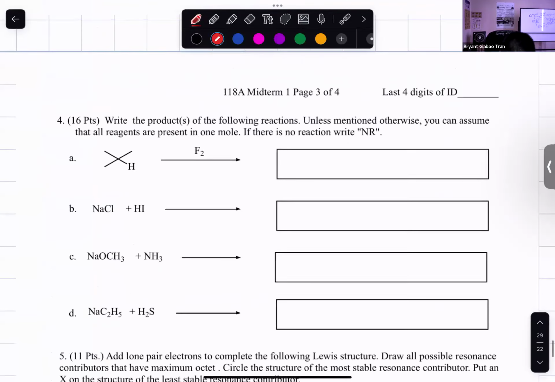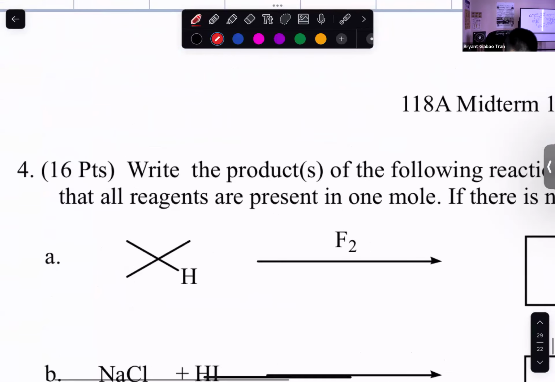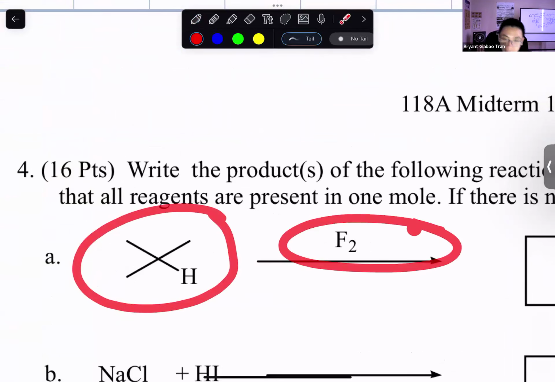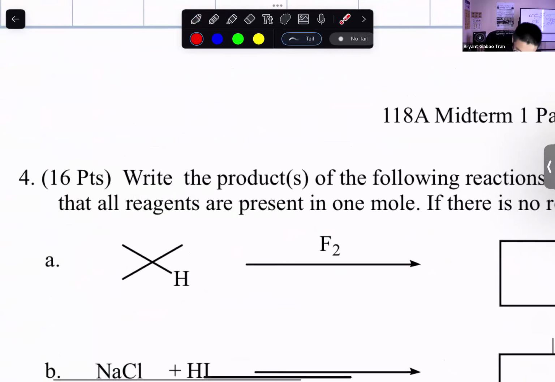Okay. So the first reaction here is free radical halogenation, where we have this alkane and we have F2. What type of carbon or what substrate does fluorine prefer to attack, to substitute with? One degree, one primary carbon, right? This is a tertiary carbon, so we won't add the fluorine there.